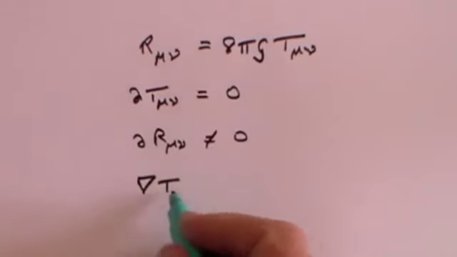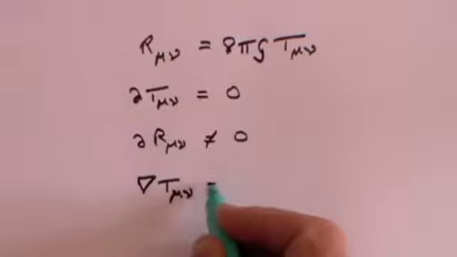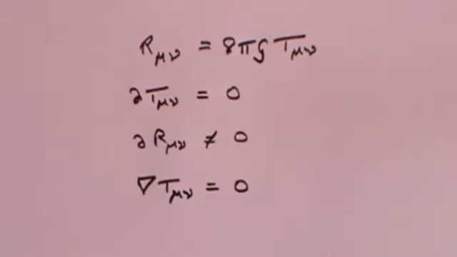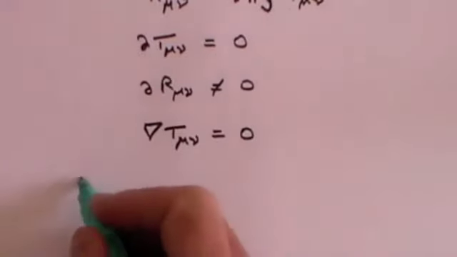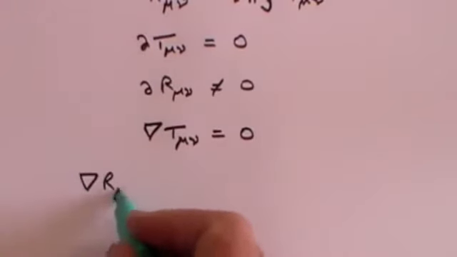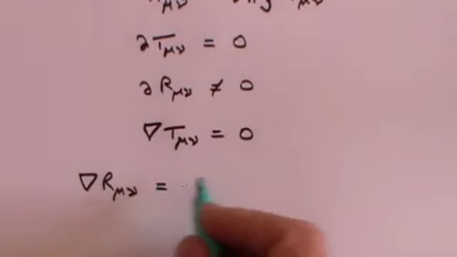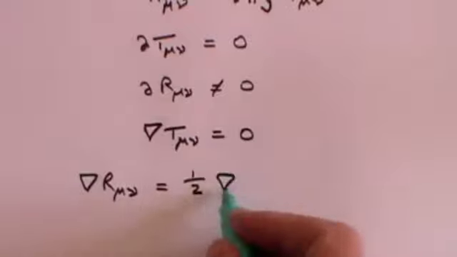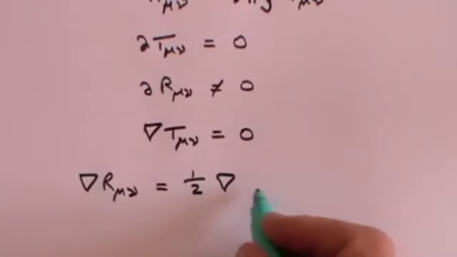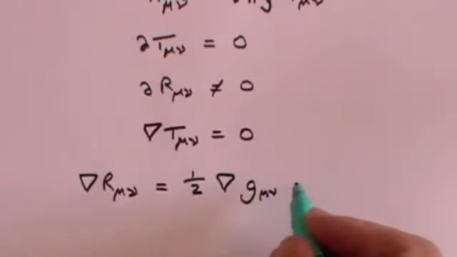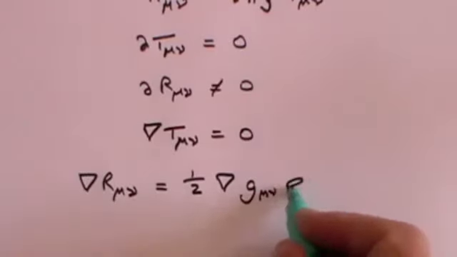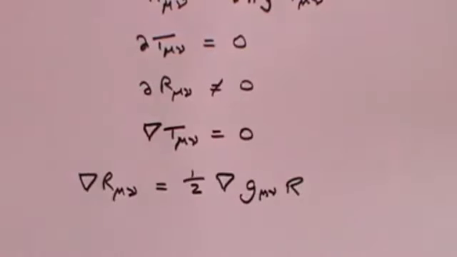So if the covariant derivative of the energy side is 0, we need something on the left-hand side whose derivative will equal 0. Now what Einstein actually found was that the covariant derivative of the Ricci tensor was not 0, but was 1/2 times the covariant derivative of the metric tensor times the curvature scalar, which we spoke about earlier.